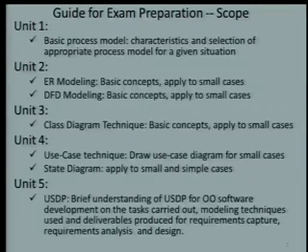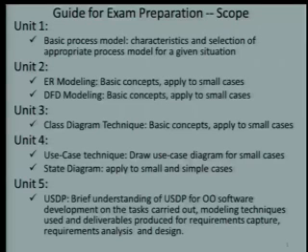Okay, you will not be asked to draw an ER diagram from such a description, or you will not have such questions. Small case means something like, for example, the DFD modeling would be something like this: one question asks you to draw a DFD diagram for distance learning education.